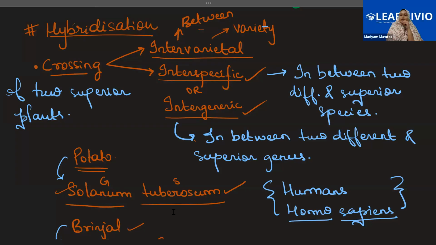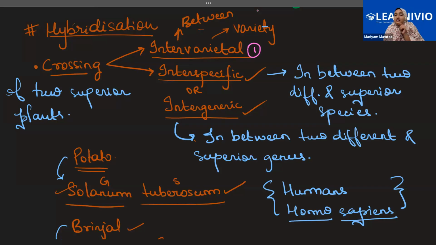All right. Now, the thing that you wrote just now tells you that hybridization, or crossing between superior plants, can be of very different kinds. The first one is intervarietal, meaning between two different varieties.